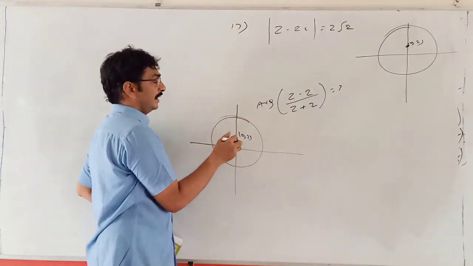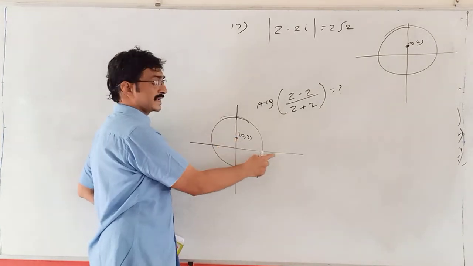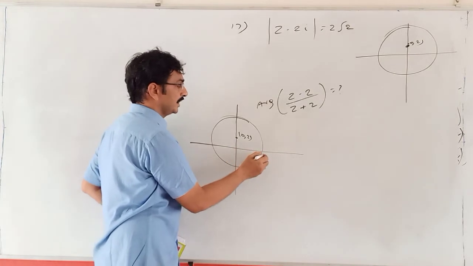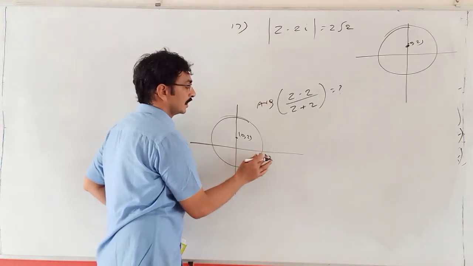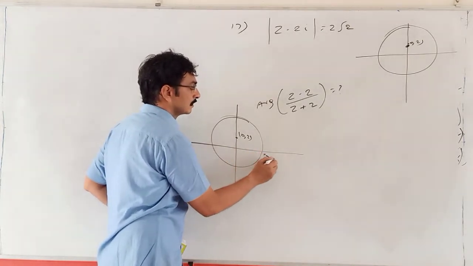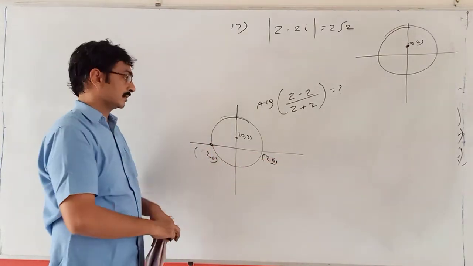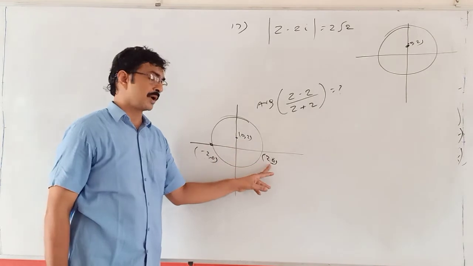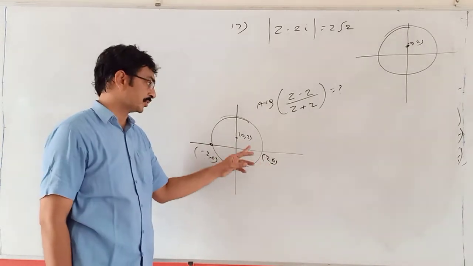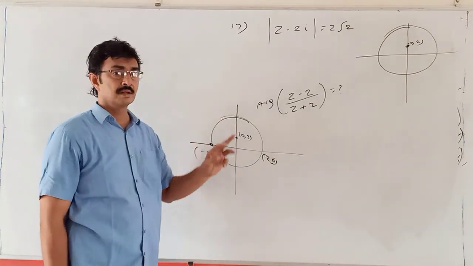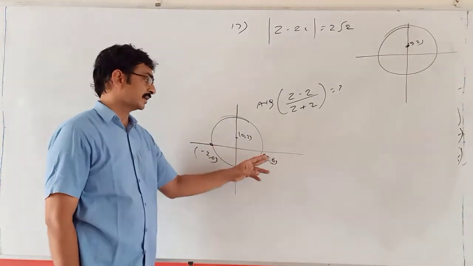So clearly the points on the x-axis at a distance of 2 root 2 from 0, 2 are 2, 0 and minus 2, 0. Check this one. Clearly the distance between the 2 points is root 8, meaning 2 root 2. The distance between the 2 points is also root 8, the radius. So they must and should lie on the circle.